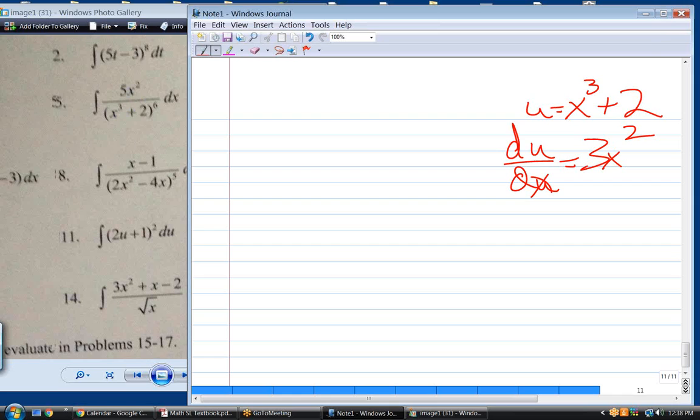I can handle any change in constant. What I can't handle is if this said x cubed. If that said x cubed, this would not be a problem for u substitution. It would be a problem for some different type of integration method. It's only a problem for u substitution if the derivative of the inside is the same degree.